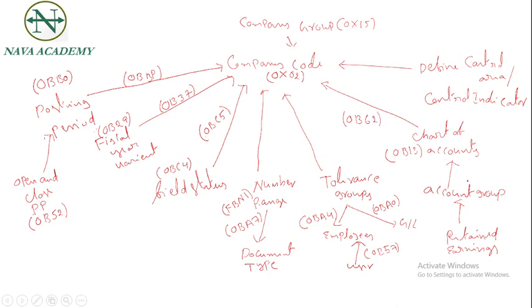Define account group. This one. T code OBD4. Under this, retain earnings, T code OB53.